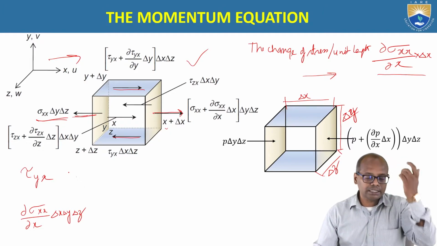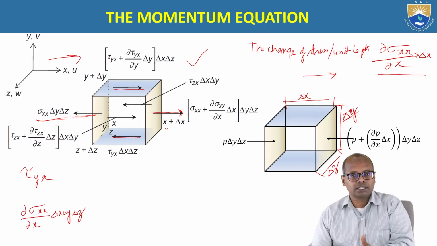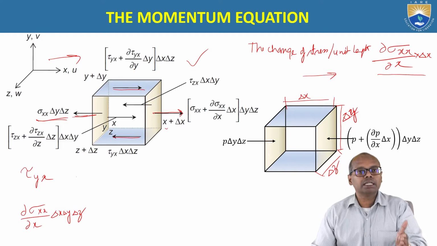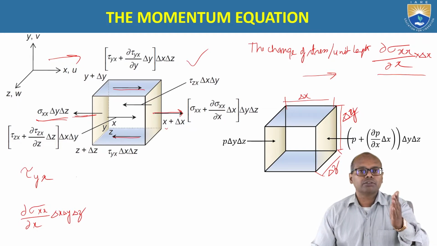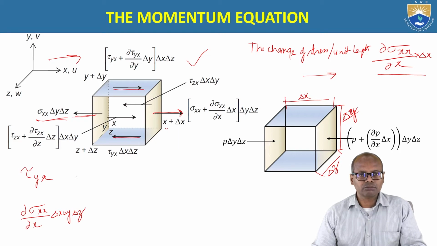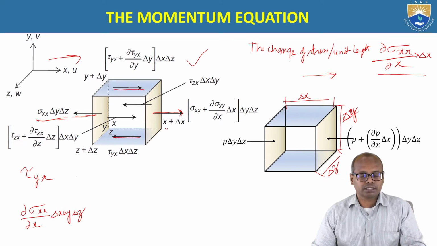Now how is it designated as tau yx? It is acting in x direction and it is varying in y direction. So that is the designation. This designation is given like that. It is acting in x direction and varying in y direction.